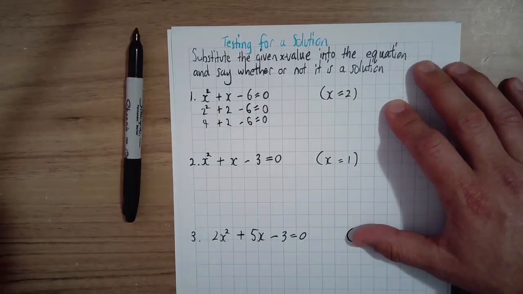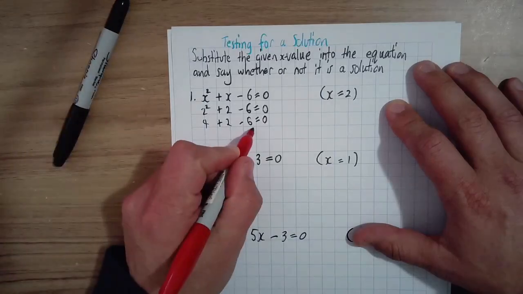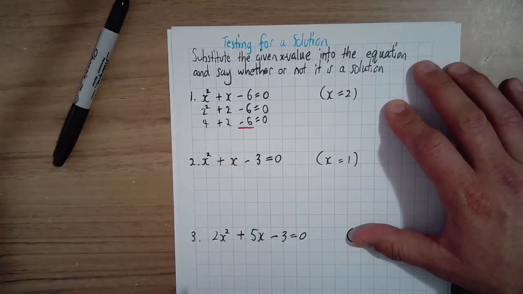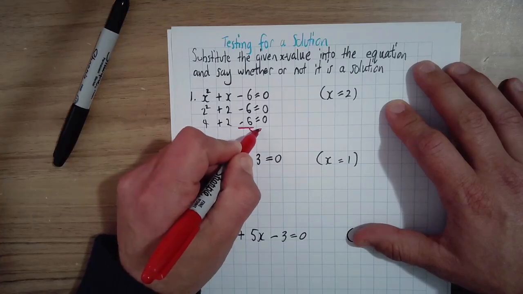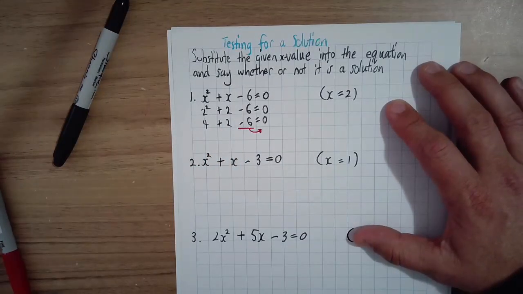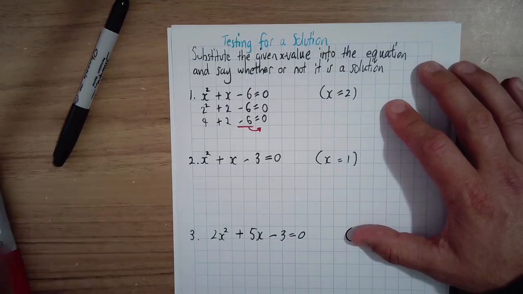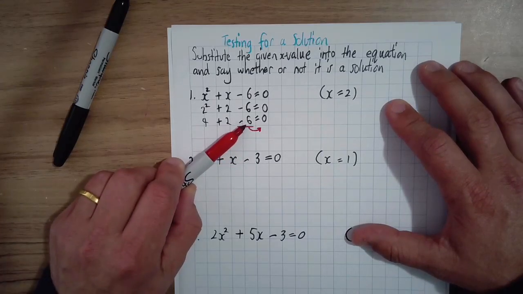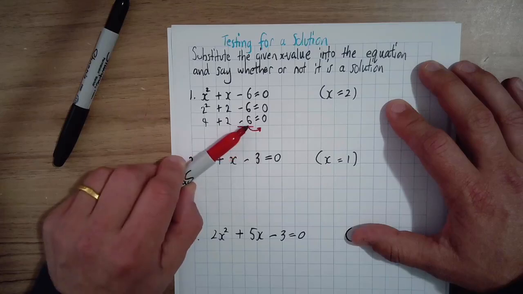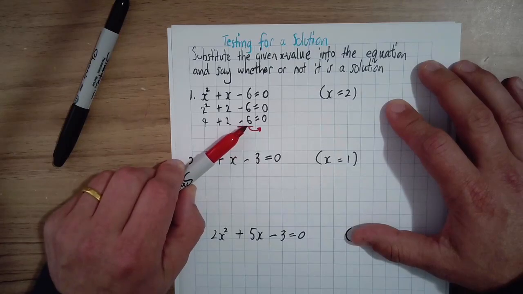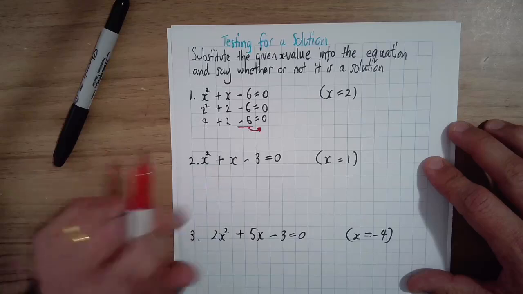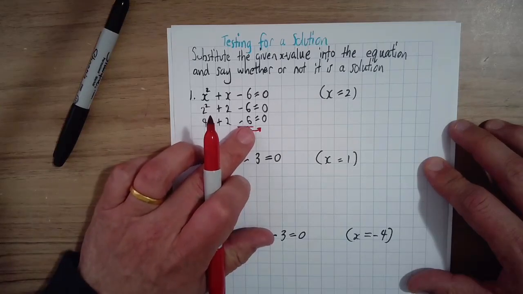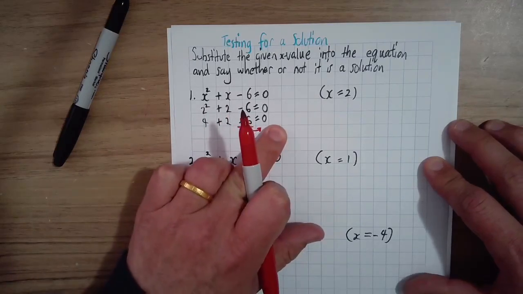Our next step is, whenever we have a negative value here, like negative 6, we're going to move it to the right hand side of the equal sign. What we have to do is change the sign. We have to have the opposite sign. So as we shift it across to the right hand side, our negative 6 will become positive 6.